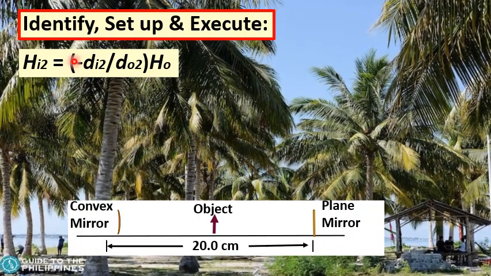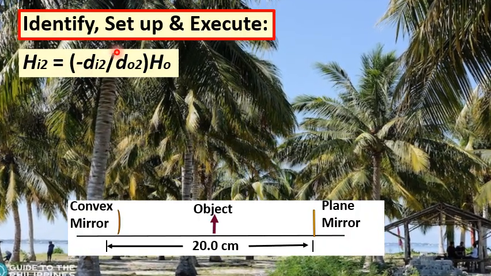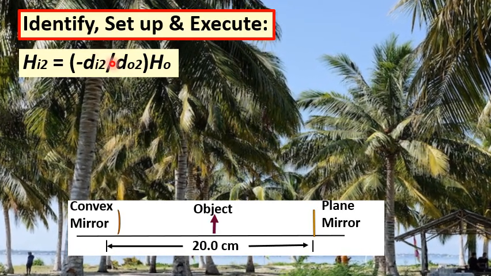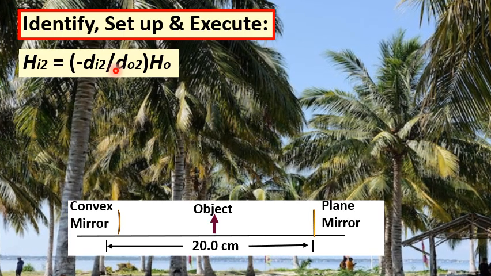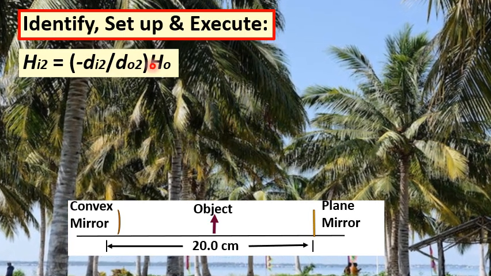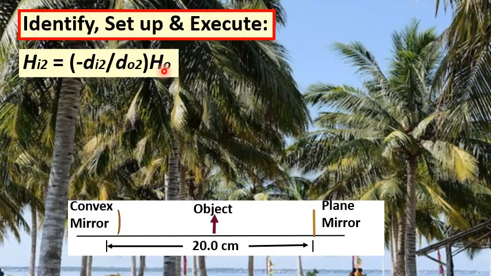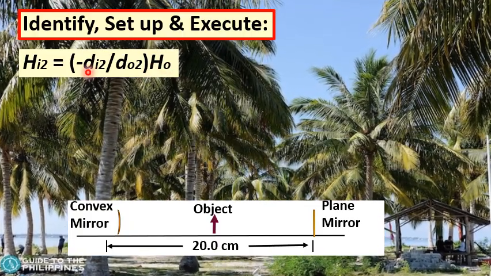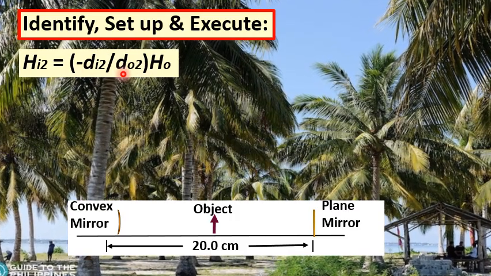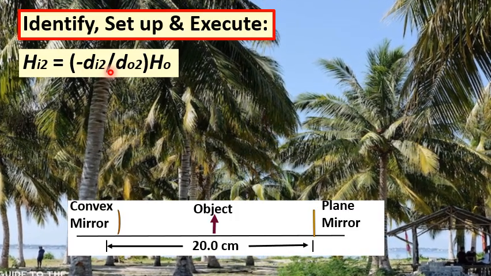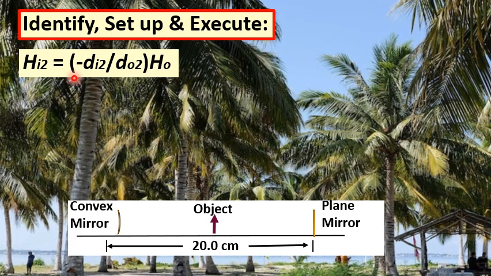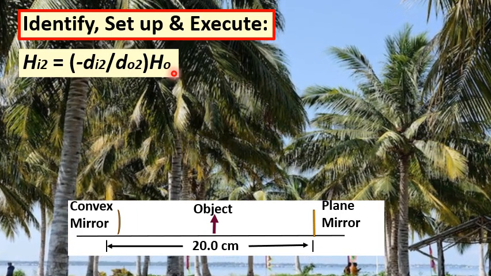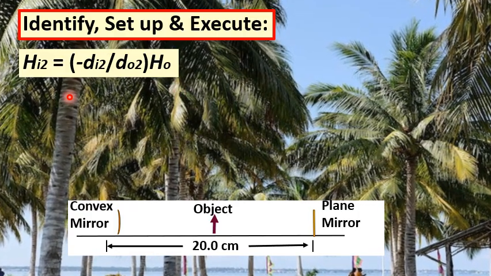In this formula, the quantity negative d sub I2 over d sub O2 is in fact the formula for the magnification, all right? So if you multiply that by the height of the object, denoted by h sub O, it's just the same as multiplying the lateral magnification for the second image by the height of the object.